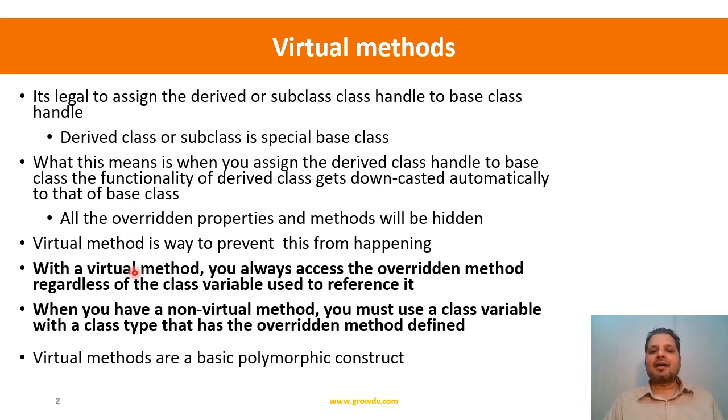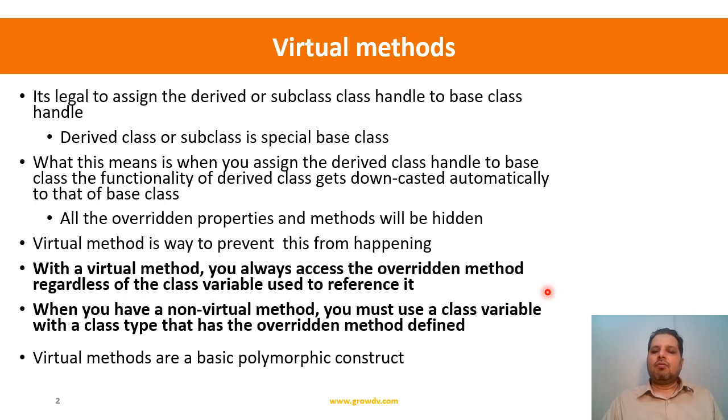So if I add a virtual keyword to the methods in the base class, then irrespective of how you access an overridden method, irrespective meaning if you access it through the subclass or derived class handle, obviously even without the virtual keyword you will be able to access the functionality defined in the derived class.